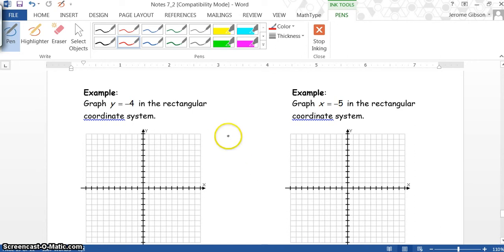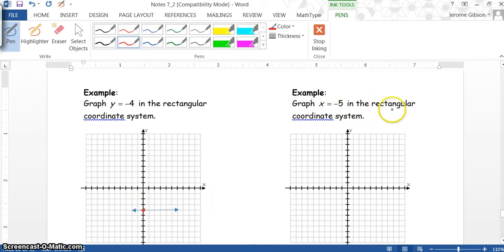Now example, graph y equals -4 in the rectangular coordinate system. So what we would do is we would go on the y-axis to -4, plot our point, and then we would draw a horizontal line, which we have here. And remember, we must have those arrowheads. That means they go on forever in both directions.